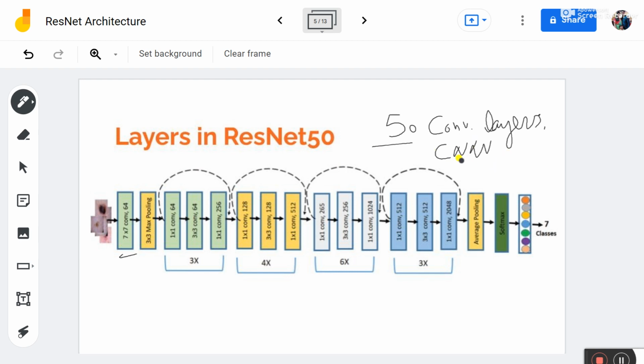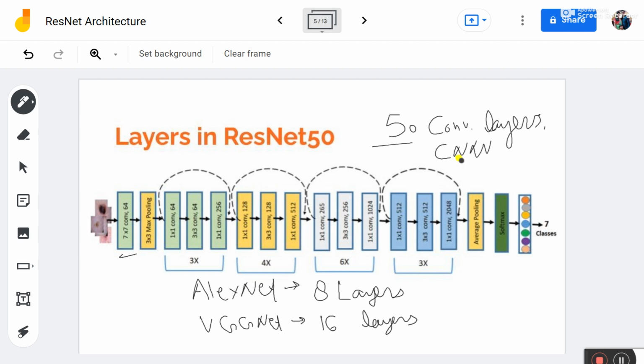Previously we had AlexNet. AlexNet had, I'm sorry, not 18, it had 8 layers. When we talk about VGG net, which is most widely used in deep learning, it had 16 convolutional layers.